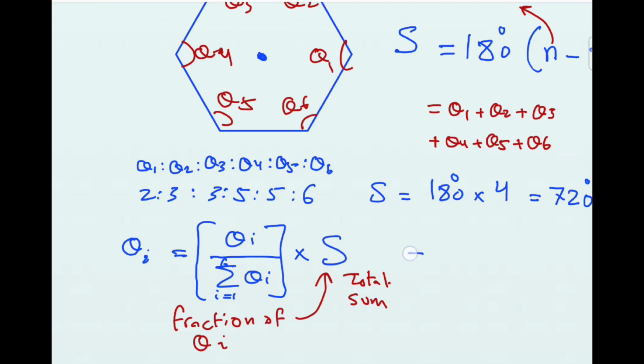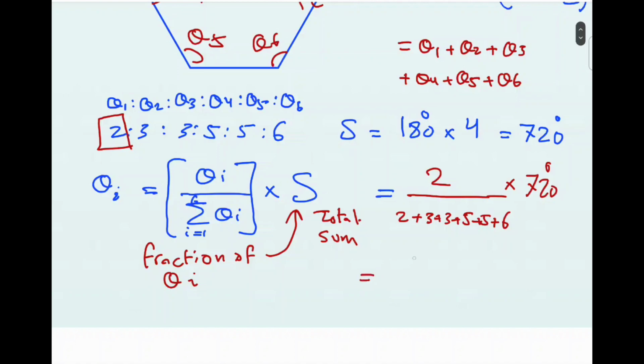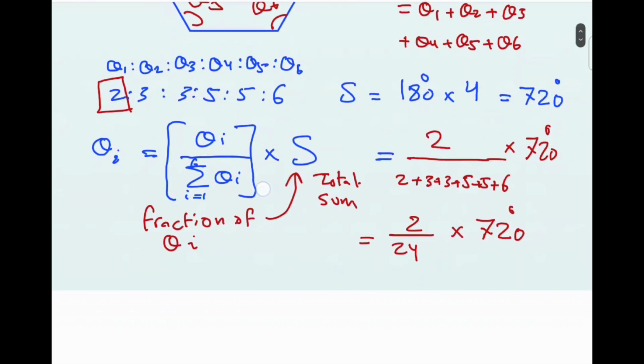So in this case, to find the smallest, we pick the one with the smallest ratio, which is 2 divided by the sum, 2 plus 3 plus 3 plus 5 plus 5 plus 6, multiplied by 720 degrees, and this is equal to 2 divided by 24 times 720.